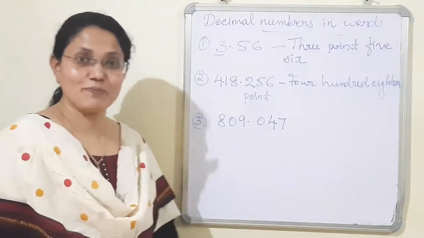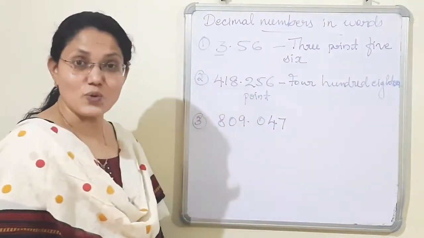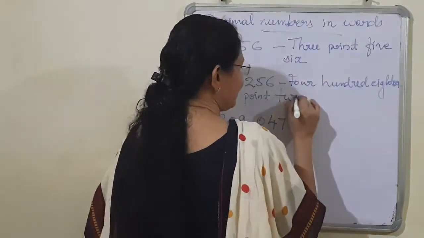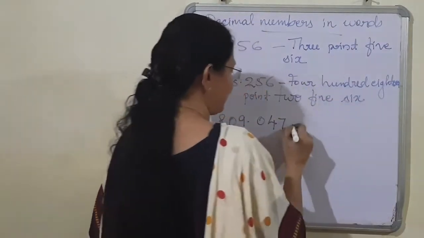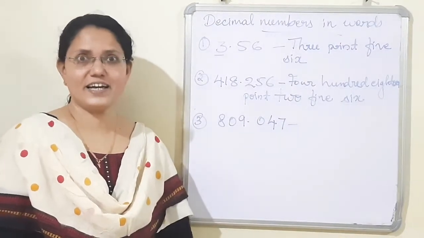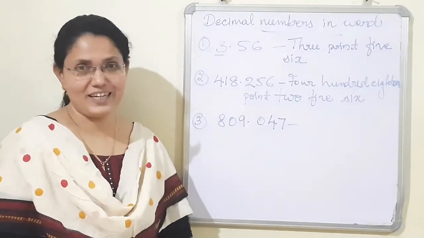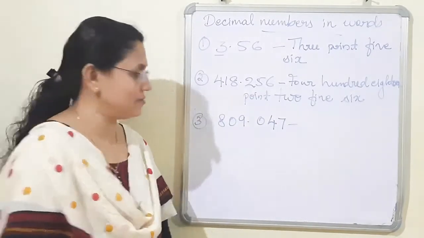Each of the digits we must read separately. Therefore, how to read this one? 2, 5, 6. Next question, how to read? 809.047.